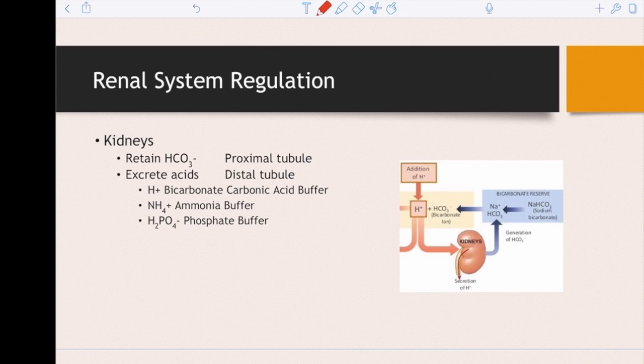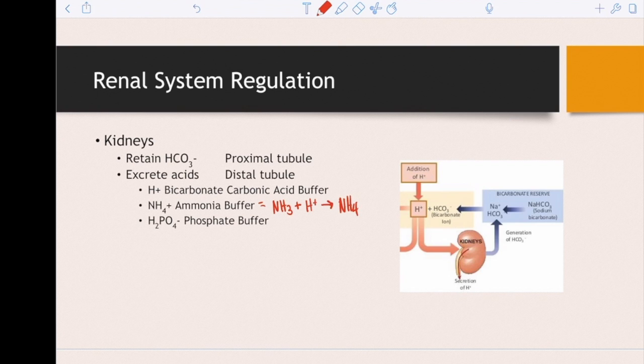And that can happen in a couple of different ways. We can secrete protons specifically by using the bicarbonate carbonic acid buffer that we've been talking about so much. We can combine protons, and we're going to look at this on the next slide, but it never hurts to go over twice, with NH3 to make NH4, which is excreted out of the urine.